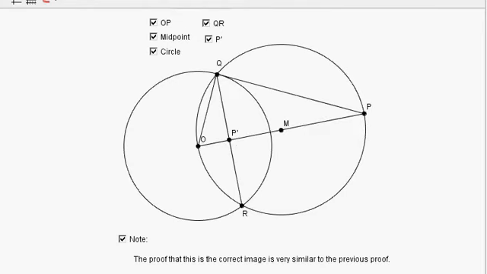So that's the construction if it's outside. So theoretically, there are ways to use compass and straight edge constructions to find this. And that's one way to use GeoGebra to actually create a tool that does inversion. It's a little bit better if you just use the measurements and create a single tool, then you don't have to have it change when the point goes inside or outside of the circle.